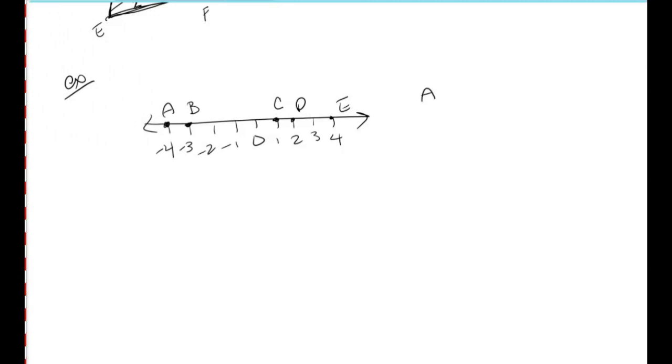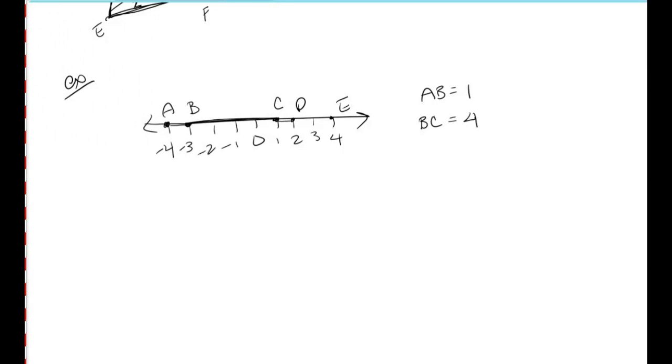What's the length of AB? Well, this distance obviously is just 1. What's the length of BC? Now we have to count out. This is why we needed algebra as a prerequisite to geometry, because we might be dealing with negative numbers. So we need this distance from -3 to 1, which of course is 4.